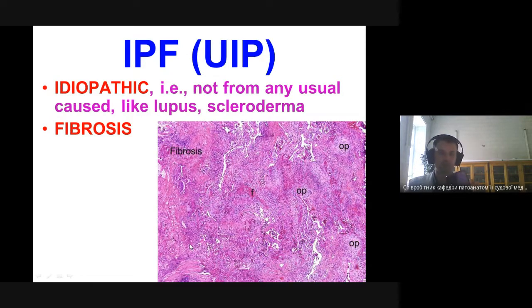Fibrosing alveolitis, chronic inflammation in the alveolar walls. Idiopathic disease with fibrosis, so we don't know any cause. So they ruled out lupus, scleroderma, so they have ruled everything out, and they have to give the name for the condition.